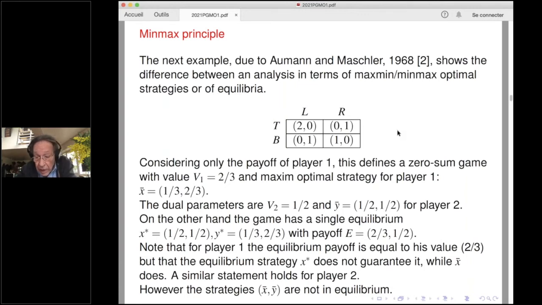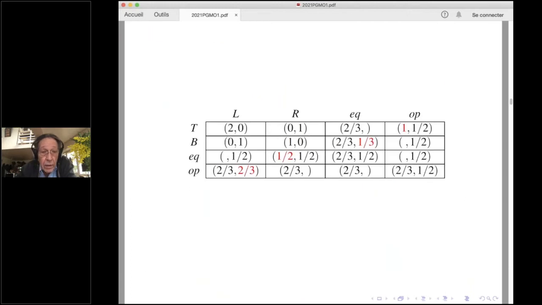Okay? So if you add these strategies to the matrix, you get the following game. Okay, so this is the initial game, left, right, top, bottom. Here I add the equilibrium strategy. Here I add the optimal strategy. Okay, and similarly for player one. So you see the equilibrium strategy gives a constant payoff to player two.